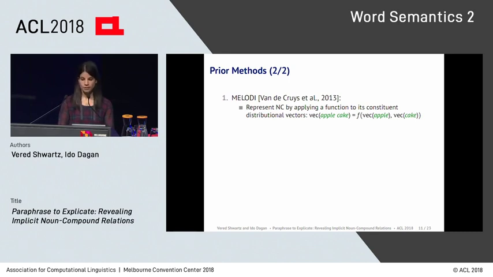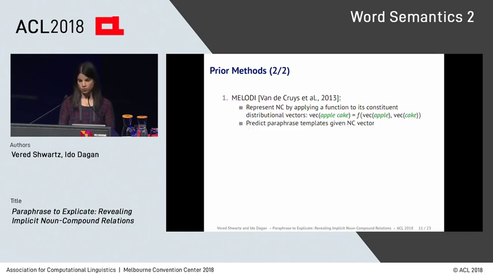The Melody system from the original participants addressed the first problem. What they did is to represent a noun compound with a compositional distributional representation. That basically means that you have some function f that you learn and apply to the distributional representations of the constituents, for example, the vector of apple and the vector of cake. And then you get a vector representing the noun compound apple cake.